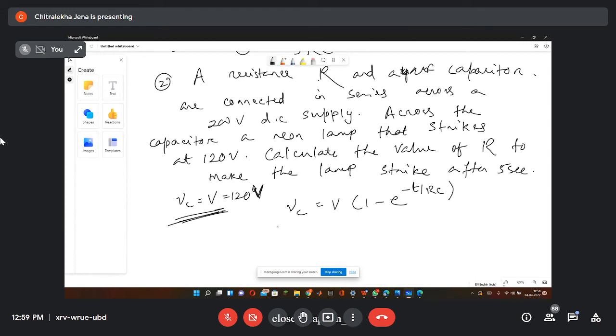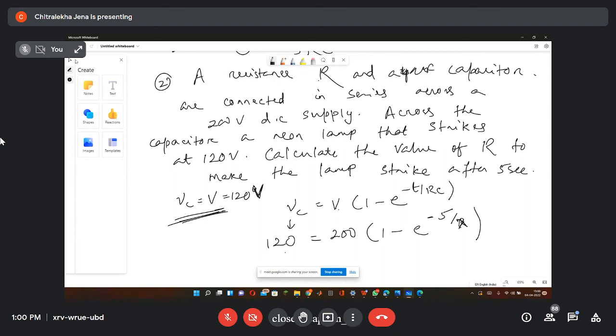Yes, ma'am. Okay. So now here I will substitute. 120 will be equal to how much? What is my supply voltage? 200. Into 1 minus e to the power minus 5 by R into 4 microfarad, R C. You take it as lambda.